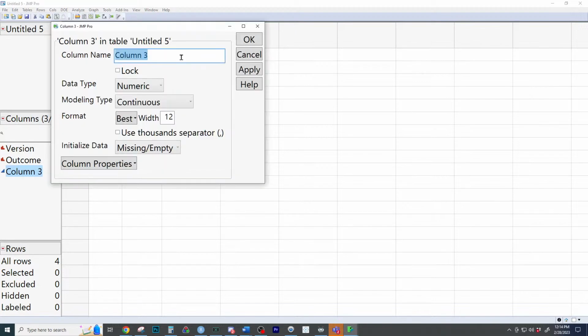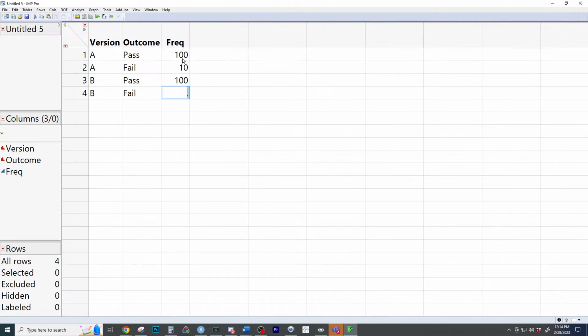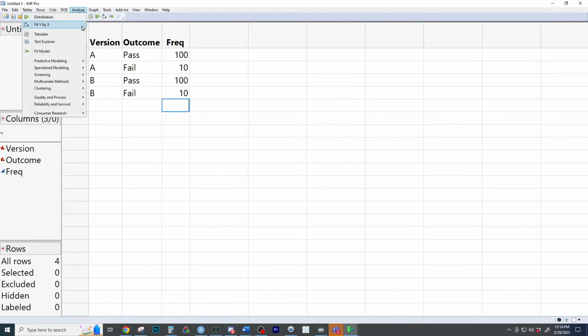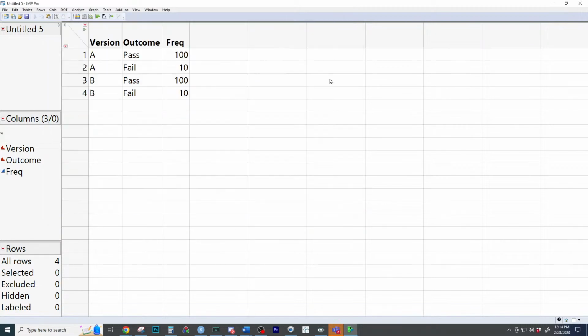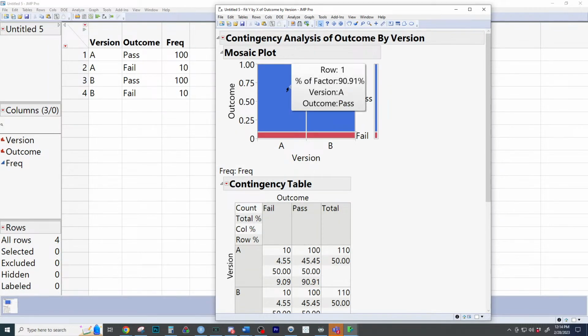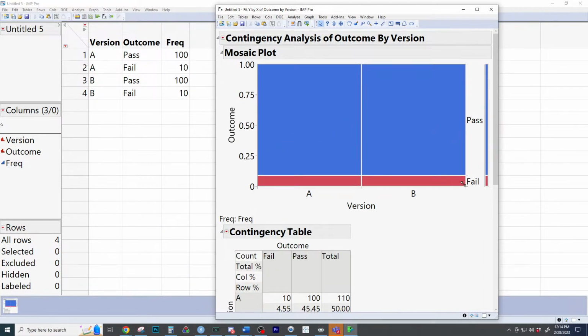And then we have the frequency of observations. Take a look at this display here. What do you notice about the version explaining the outcome? Whether or not someone got version A or B, what do you notice?